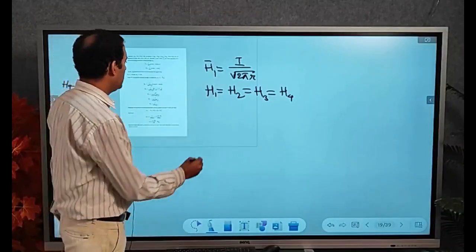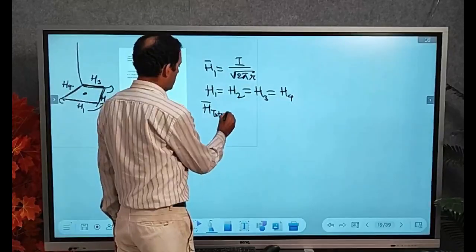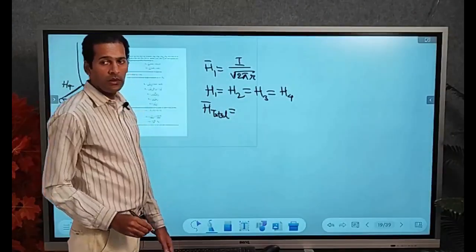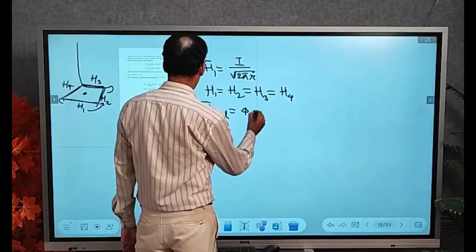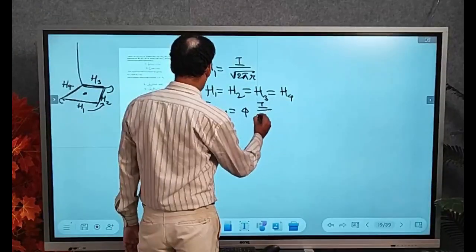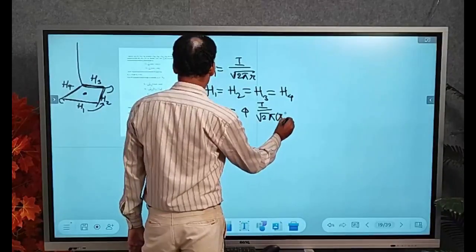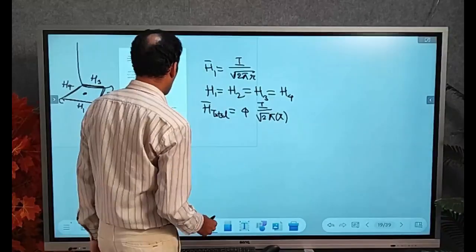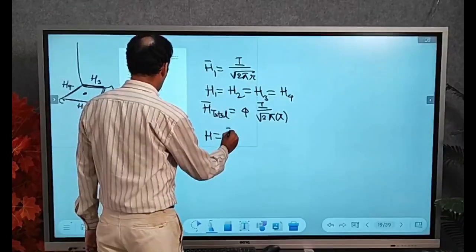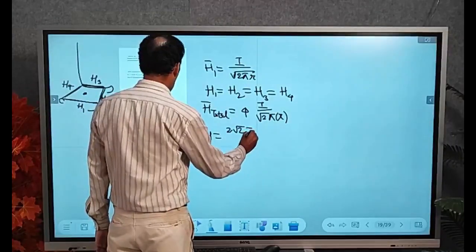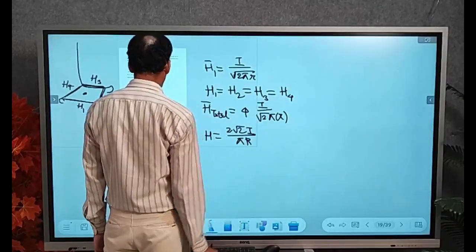So total H will be equal to the addition of all these 4, so we get 4 times I upon root 2 pi r, or we can simplify it as H equal to 2 root 2 I by 4r.